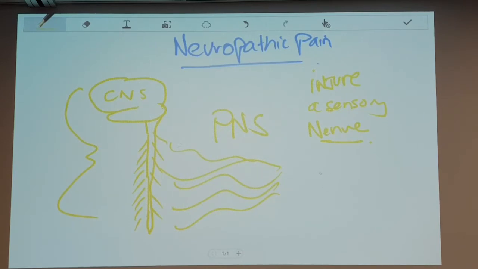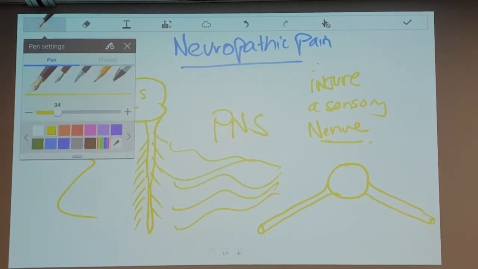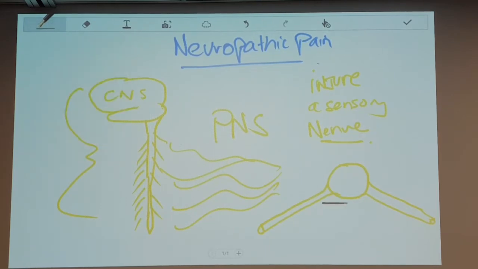So the most common way of injuring a sensory nerve, as many of our patients will experience, is through a disc prolapse. So here's a cross section of a spinal vertebra.